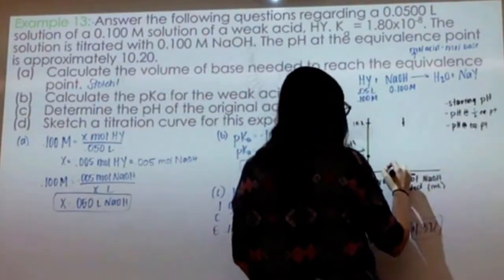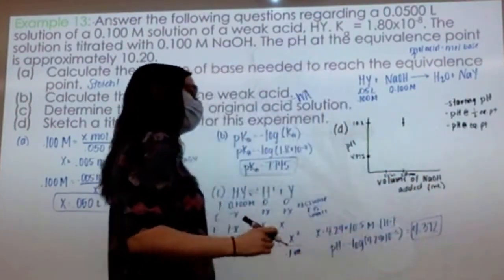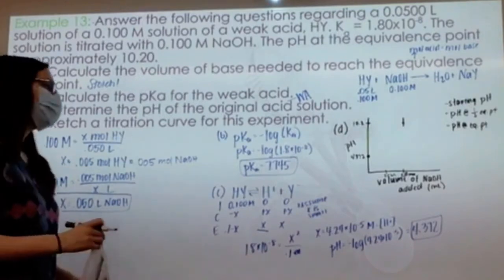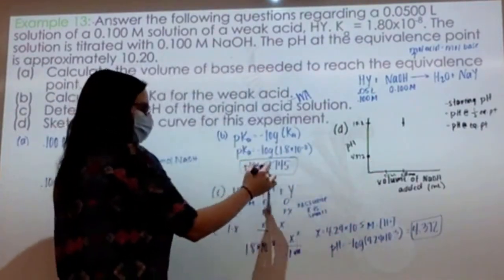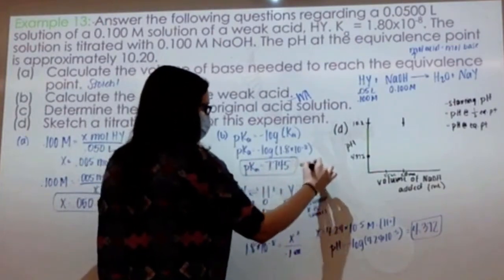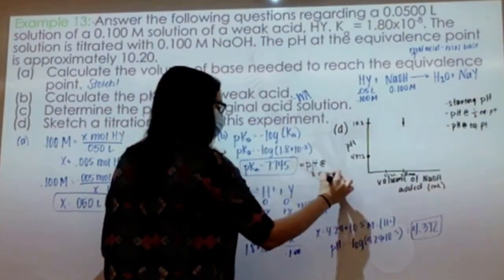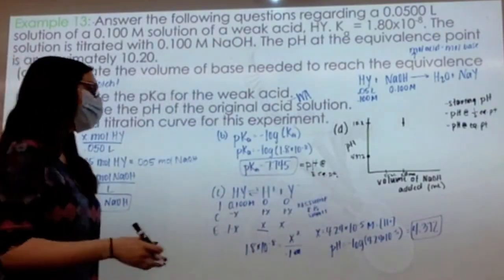remember the half equivalence point is half the volume. So if the volume at the equivalence point was 50, the volume at the half equivalence point would be at 25 milliliters. Now the pH at the half equivalence point is equal to pKa. So over here, I'll label, the pKa is the pH at the half equivalence point.